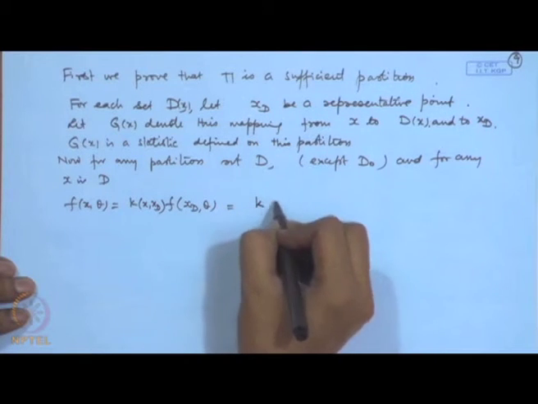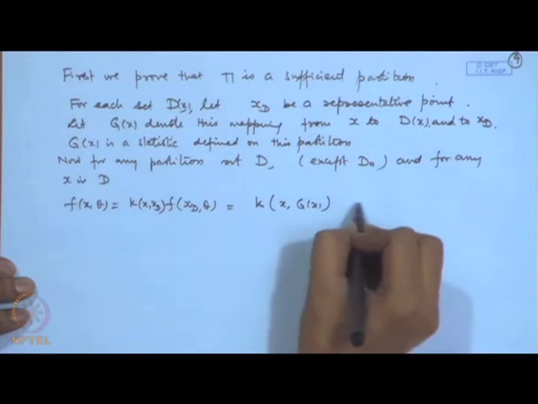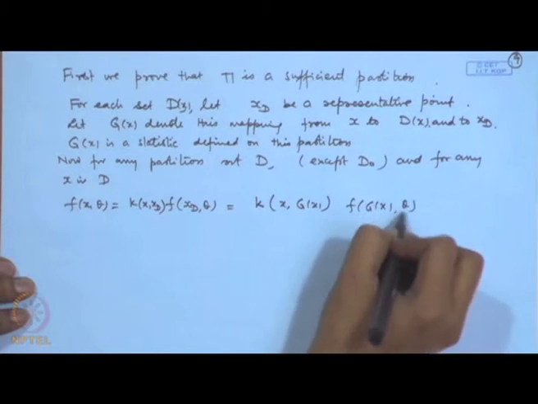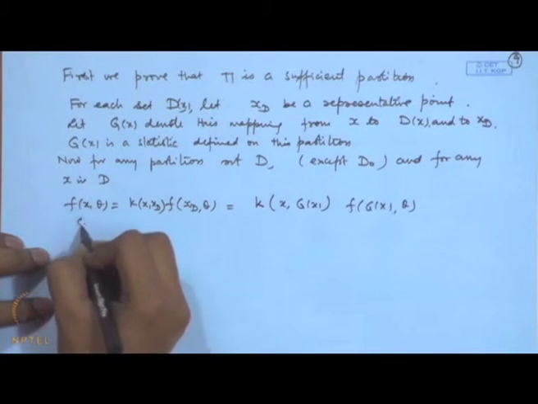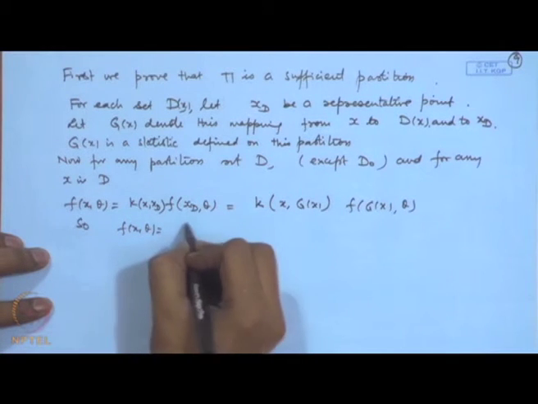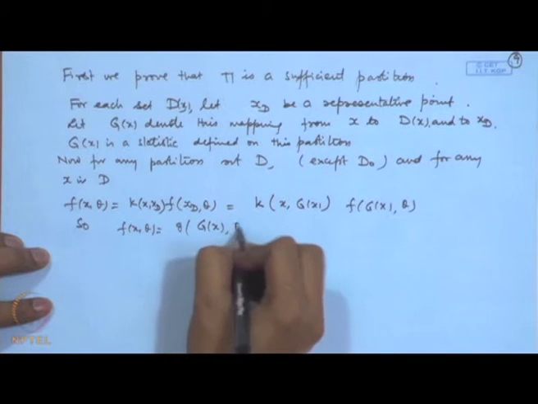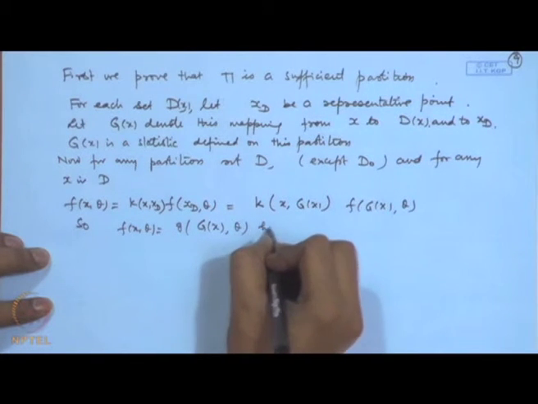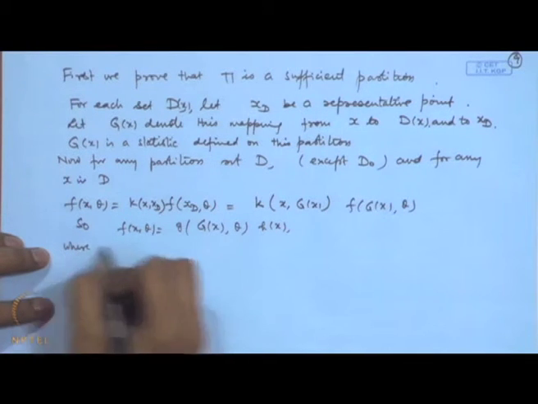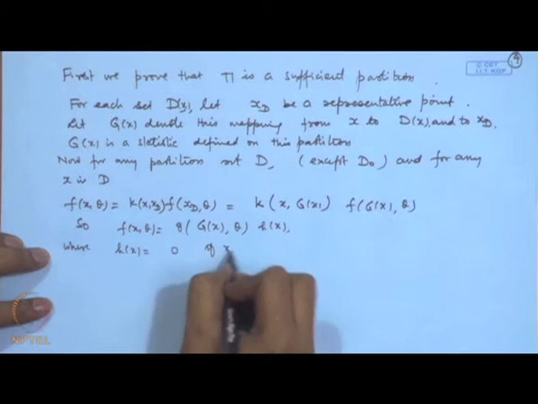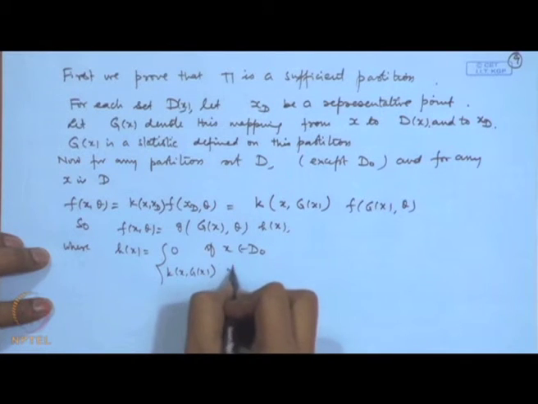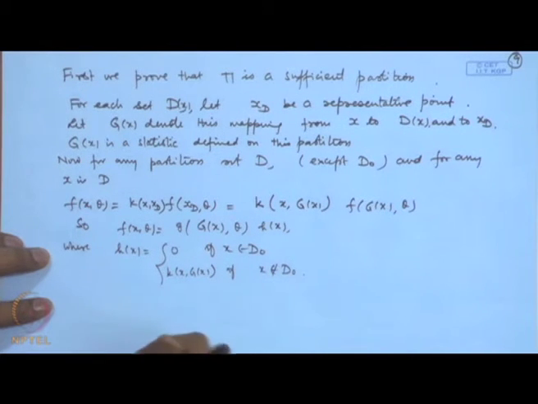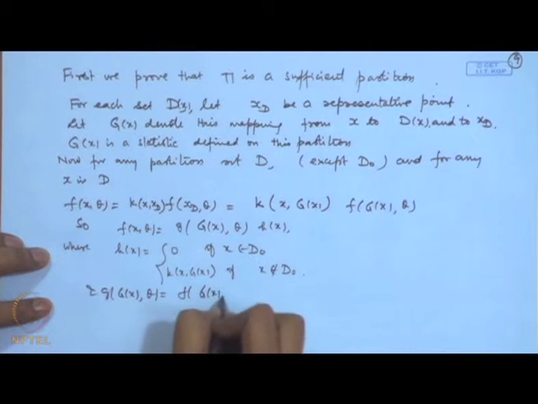So, we can call it a function of x and g(x). This x_D I am writing as g(x), which we can write as f(x, theta) is equal to g(g(x), theta) into h(x), where h(x) is actually 0 if x belongs to D naught and it is equal to k(x, g(x)) if x does not belong to D naught, and g(g(x), theta) is nothing but f(g(x), theta).